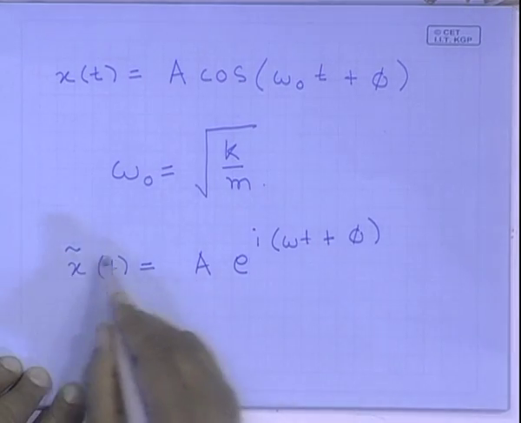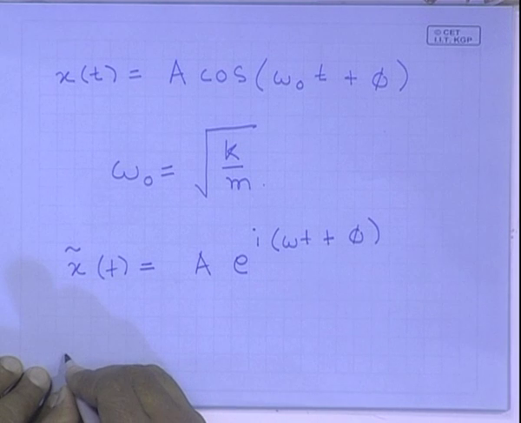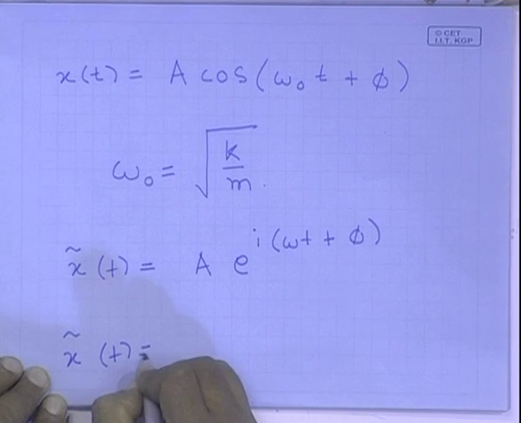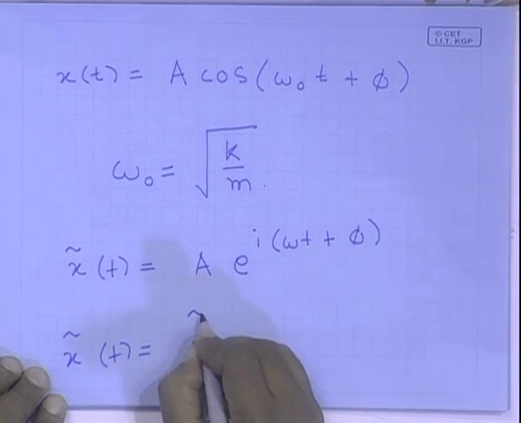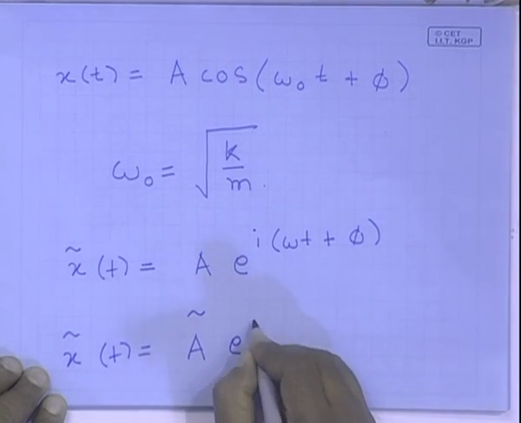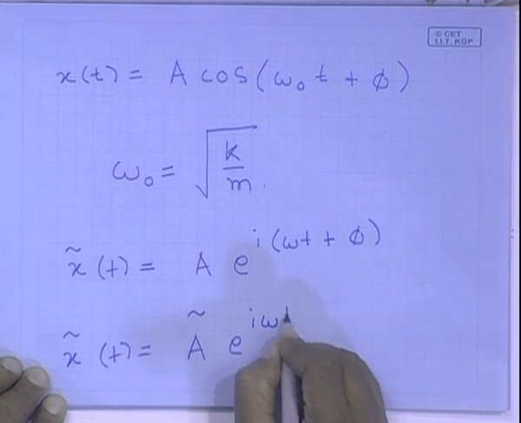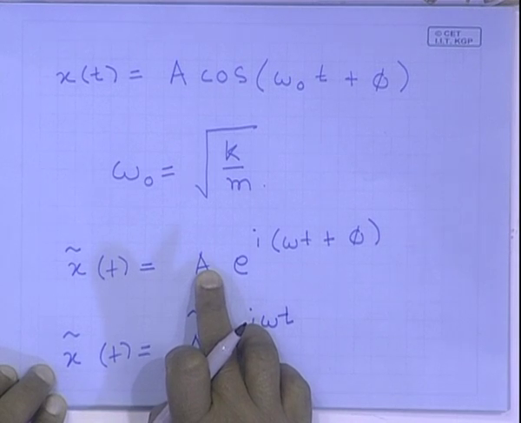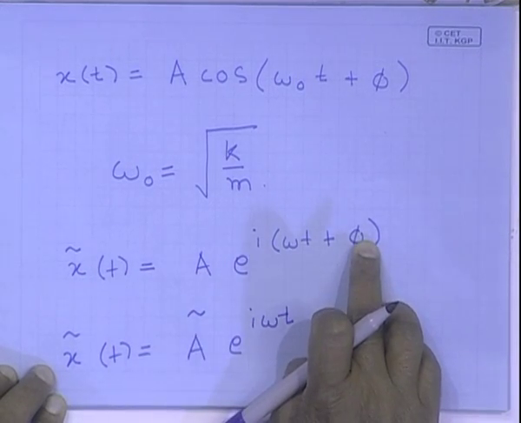We can also express this expression as x tilde t is equal to A tilde e to the power i omega t, where A tilde is now the complex amplitude which contains both the real amplitude A and the phase phi.